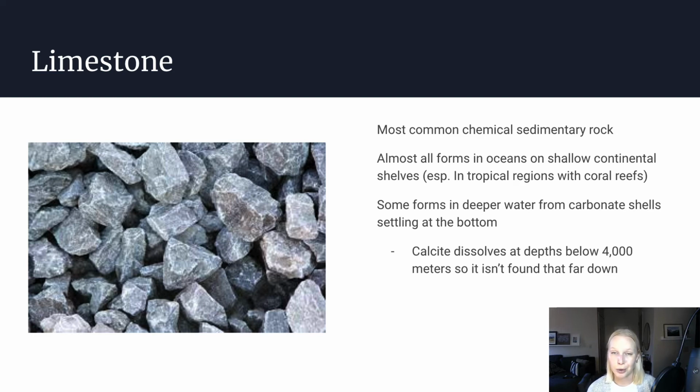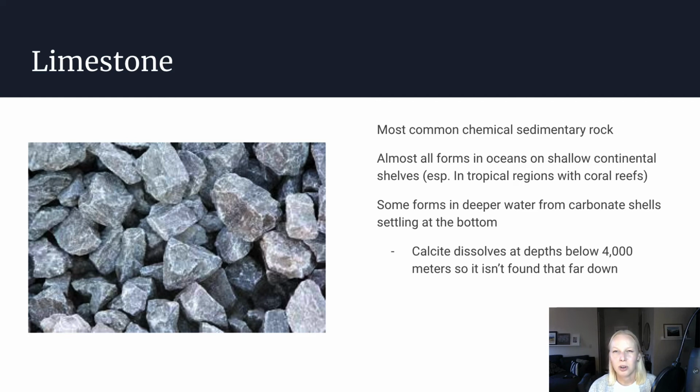But it's really important to note that calcite dissolves back into the water below 4,000 meters. So at a certain point, there's too much pressure on the calcite for it to stay in solid form. The pressure forces it to go back into solution. So again, think about your Coke bottle, right? Remember we used the Coke bottle analogy when we were talking about dissolving volatiles in solution, so forcing those gases to be a part of the liquid.